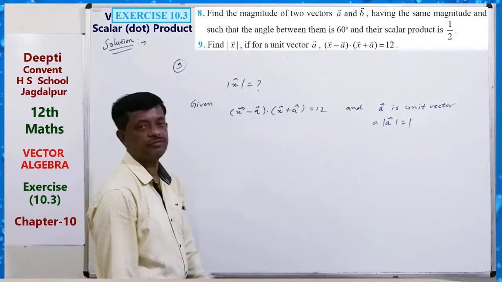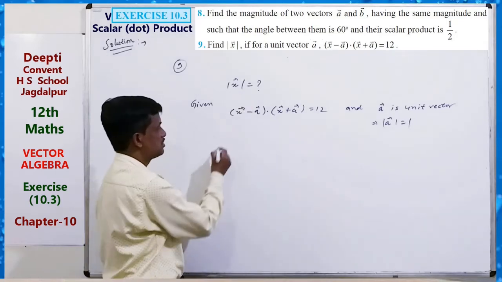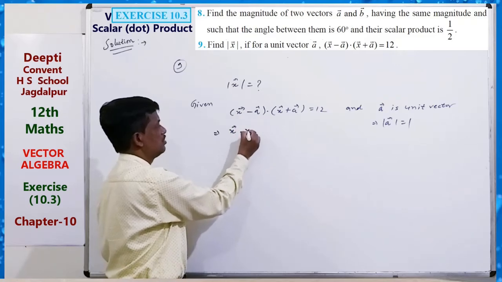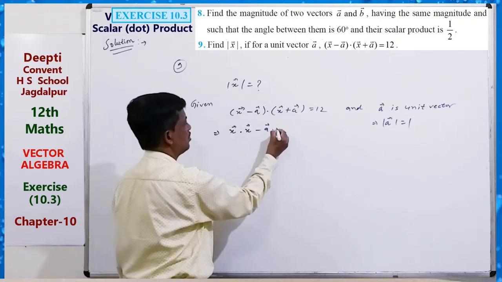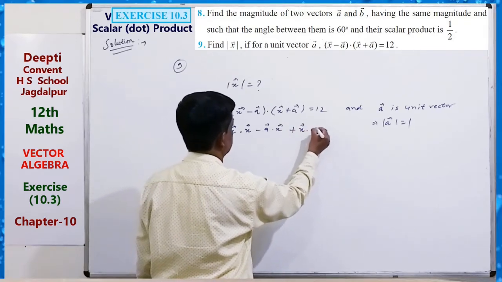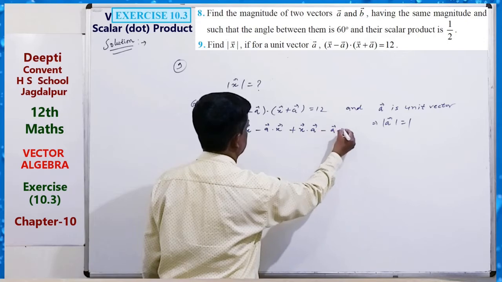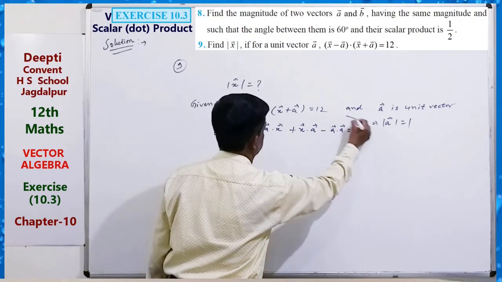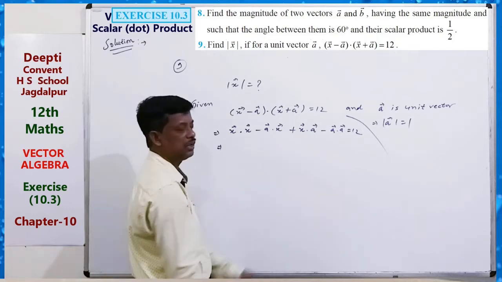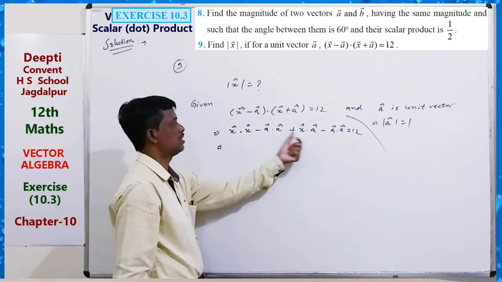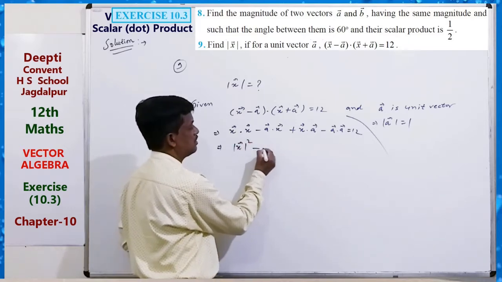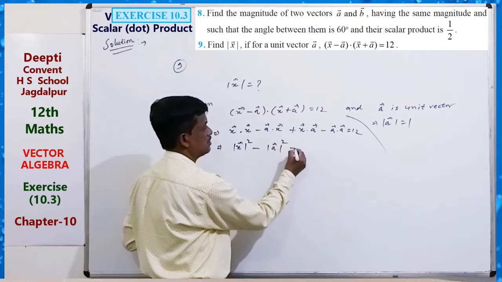So we can find the value of mod x. Just multiply it: x dot x minus a dot x plus x dot a minus a dot a equals 12. Okay, so here a dot x and x dot a are equal, so these two are cancelled. So here this minus this equals 12.